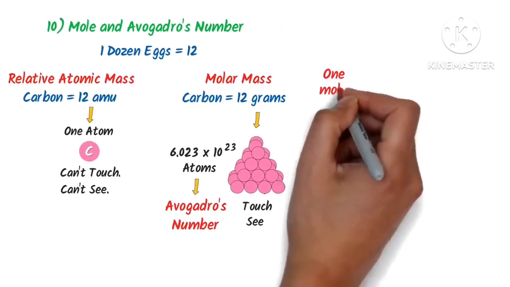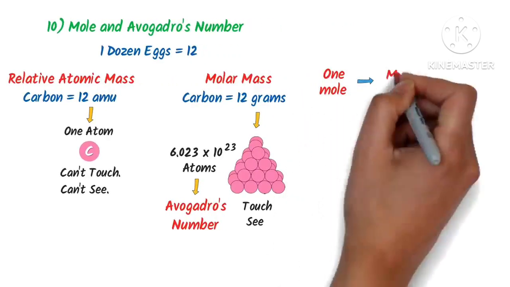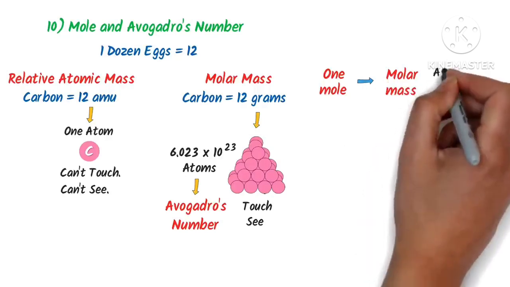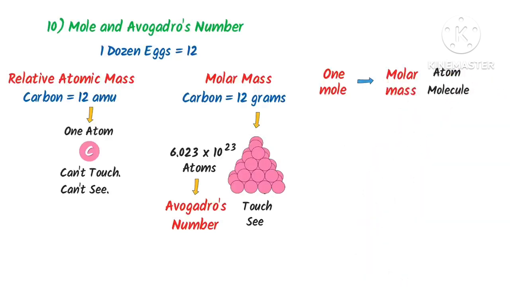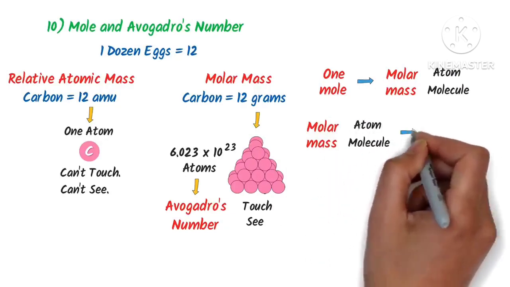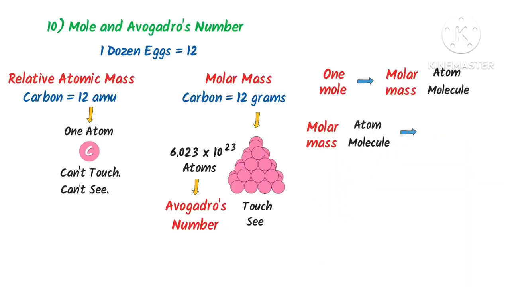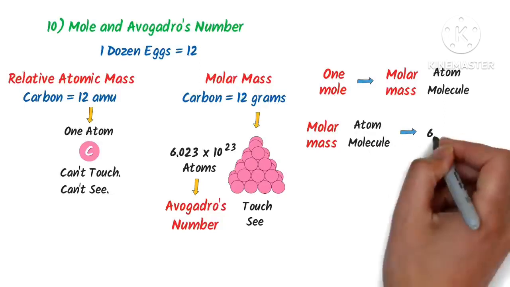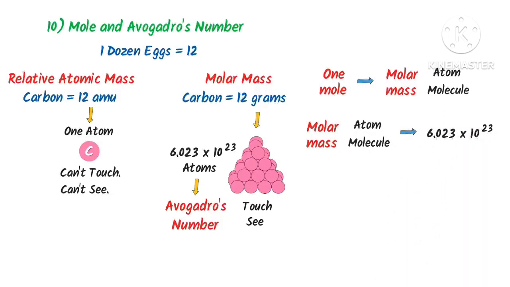Now listen carefully. 1 mole is always equal to the molar mass of an atom, molecule or formula unit. Also we know that the molar mass of any atom like carbon, the molar mass of any molecule and the molar mass of any formula unit contains 6.023 × 10^23 particles.